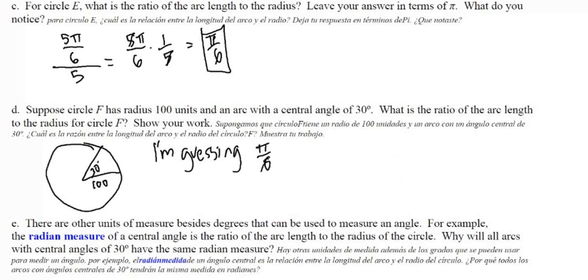Because it should be the same as the other ones. It's the same amount of this circle. Certainly this arc length would be longer than the others, but compared to itself, it would be the same. It would be the same fraction of its full circle.